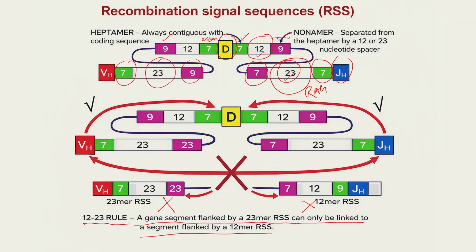Just keep in mind that the genes are flanked by heptamer or nonamer with a spacer of 12 and 23, and 12 and 23 can bind in a way so as to make divergent or receptor editing, but the phenomenon is not possible when they are flanked with the same homologous sequences such as 12-12 and 23-23.